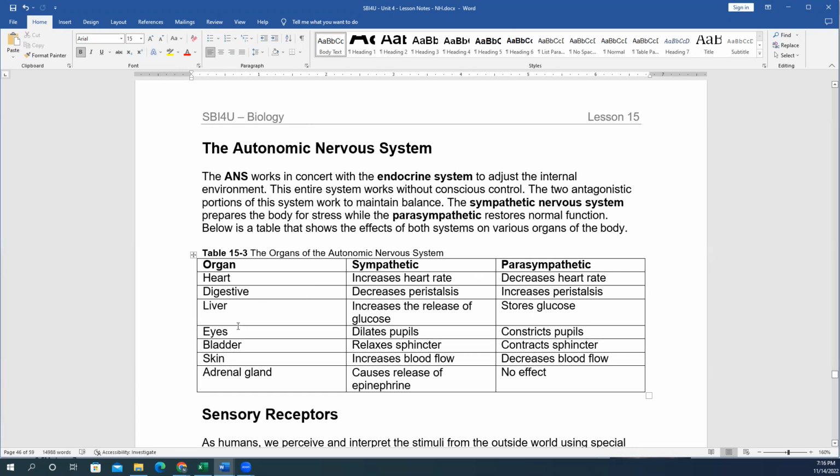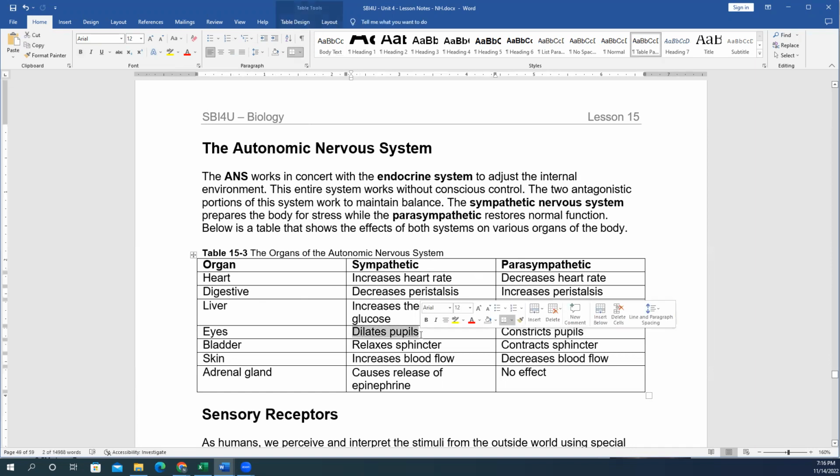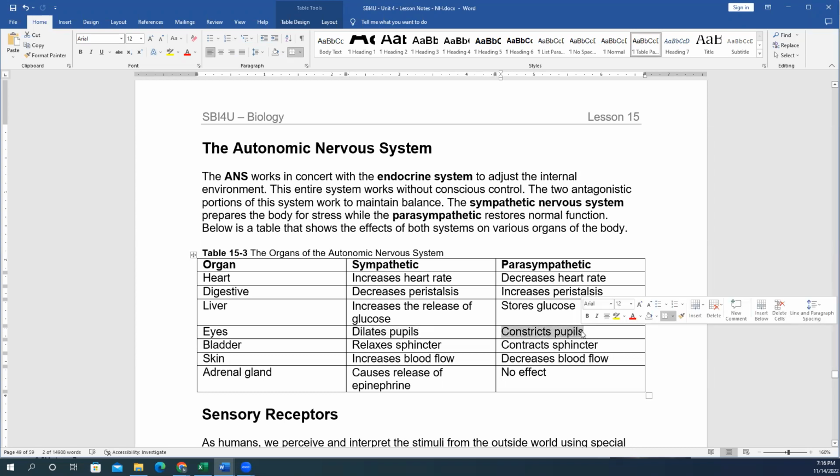Looking at the eyes, the sympathetic nervous system will work to dilate the pupils and make them larger, allowing more entry of light, so as to enhance vision and perception, while the parasympathetic nervous system, once the stress is gone, will constrict the pupils back down to their normal size.